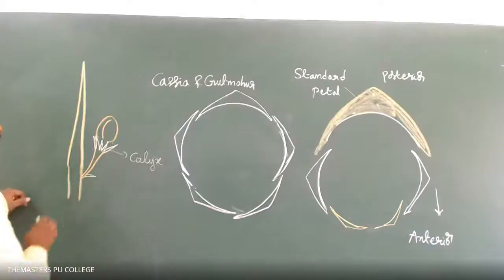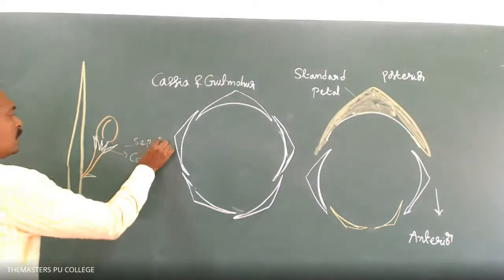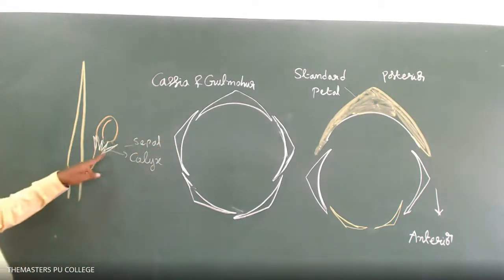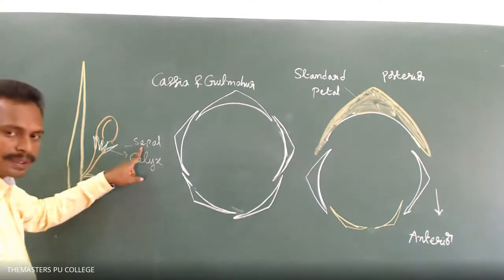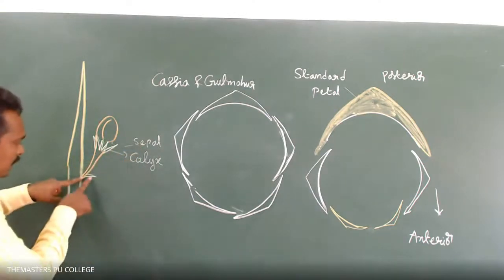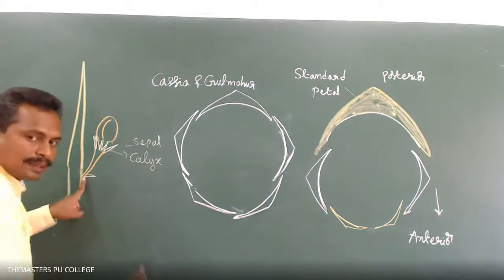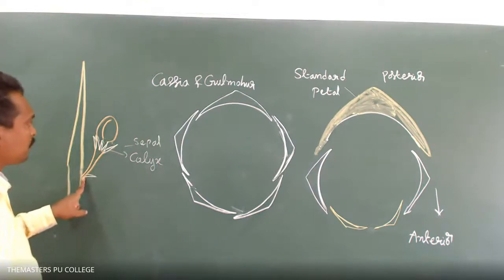Okay, sir. In this diagrammatic representation, the segments of the calyx are known as sepals. And the small leaf-like structure present at the base of the flower is called the bract. Is it clear?